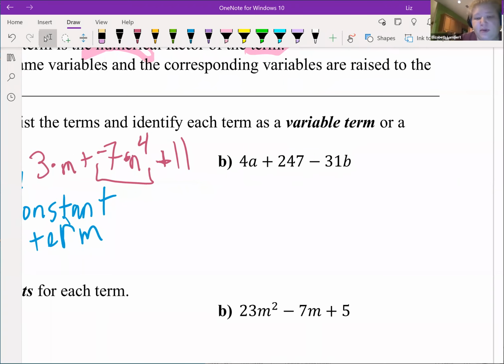So here, for A's, don't know what A is, so there's a variable term. Then plus 247, and that's all we got. So that is a constant, positive 247.